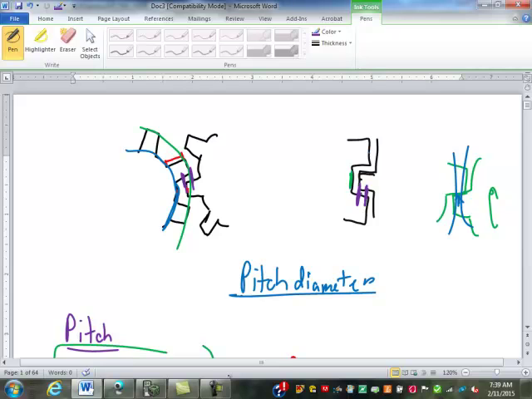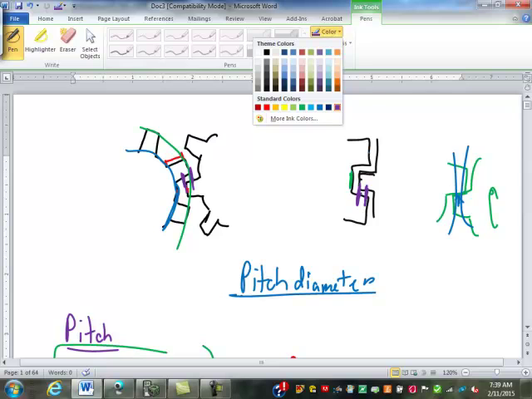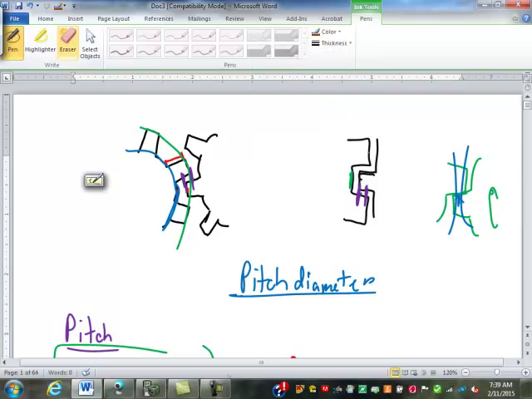Then there are things called the addendum and the dedendum. The addendum is just the distance from the pitch circle out to the end of the tooth. So let me put my pitch circle in here. That's my pitch diameter for this gear on the left.